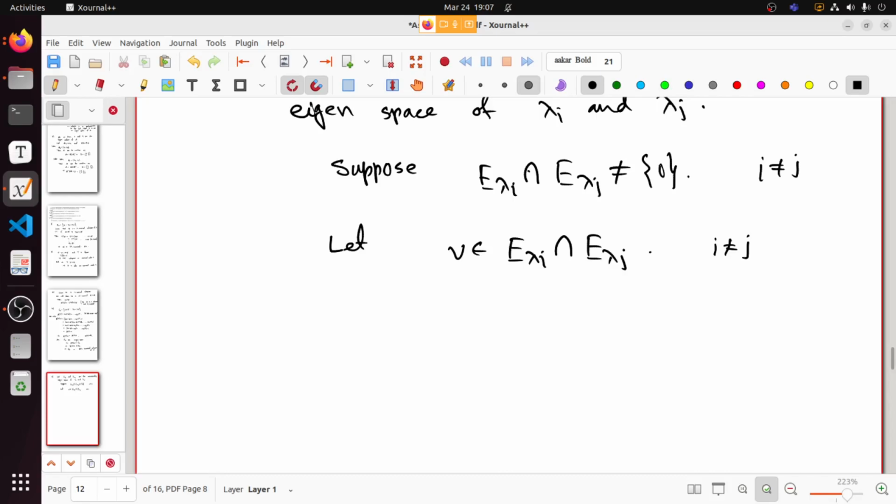Which implies v is in E lambda i means Tv equals lambda i v, and Tv equals lambda j v, right?